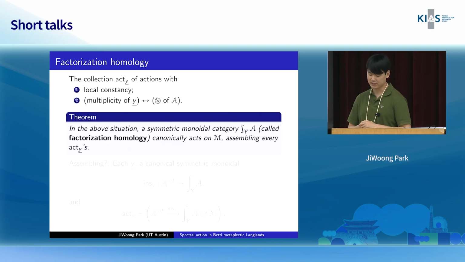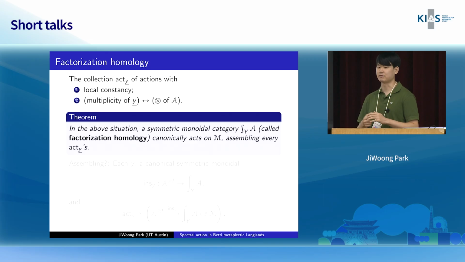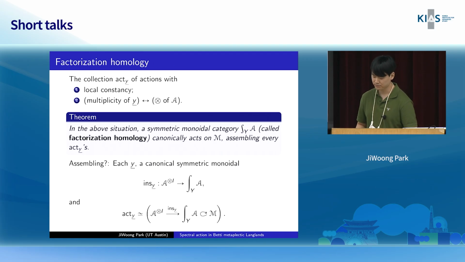In this situation, the categorical result is that there is a symmetric monoidal category called the factorization homology, which acts canonically on M. Furthermore, it assembles over every tuple. What do I mean by assembling? It's very similar to what I meant by assembling in the spectral action.